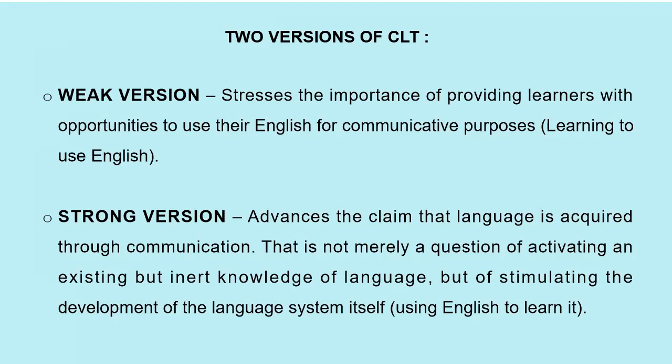It advances the claim that language is acquired through communication. That is not merely a question of activating an existing but inert knowledge of language, but of stimulating the development of the language system itself, using English to learn it. Again, weak version: learning to use English, while strong version: using English to learn it.